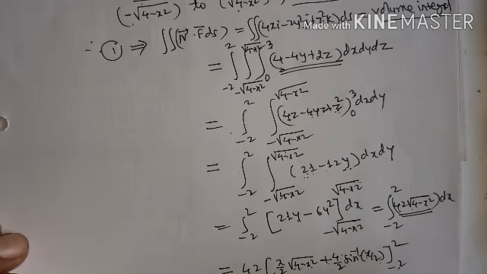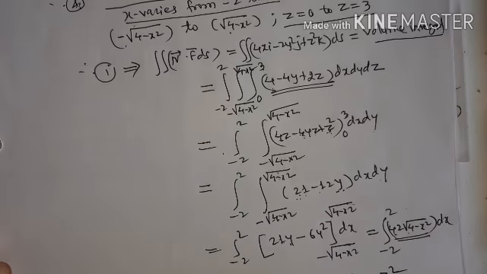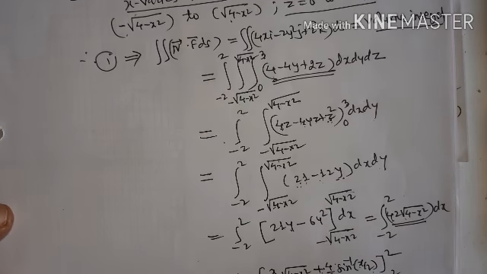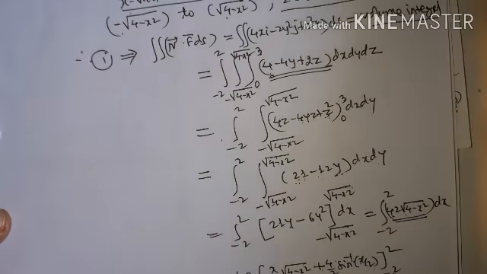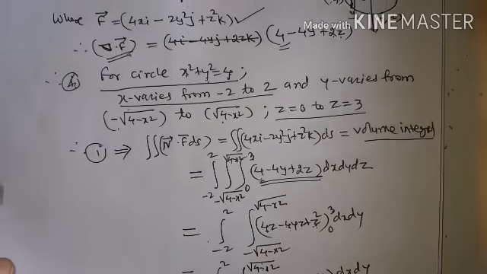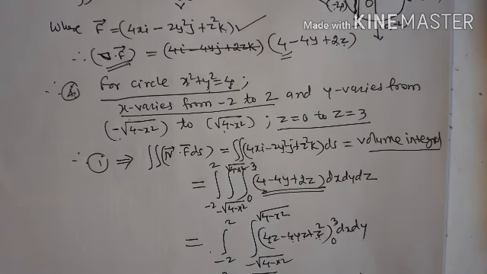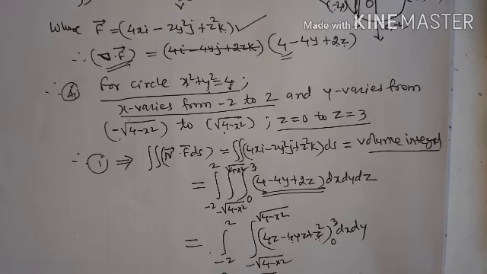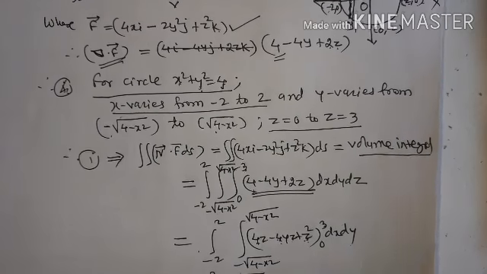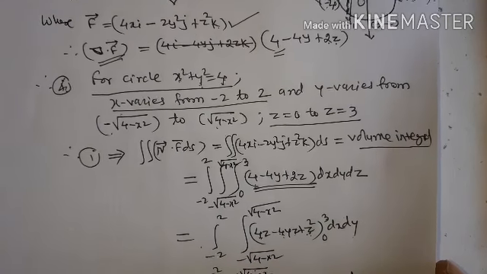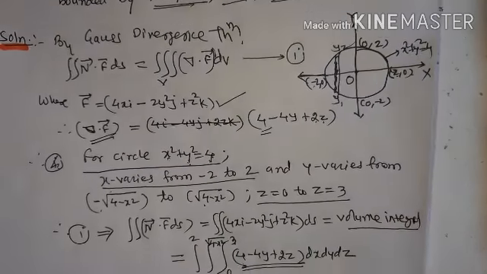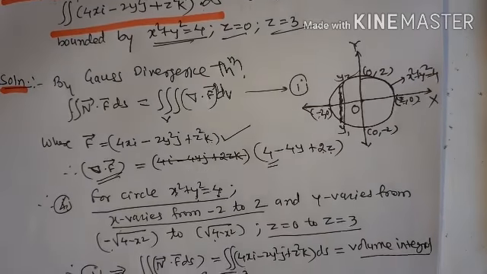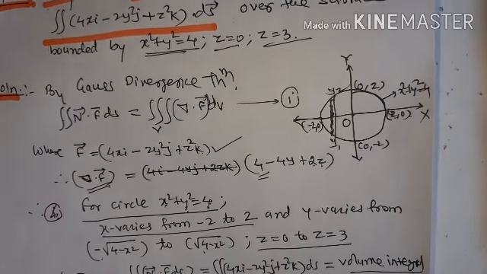So this is the evaluation of the surface integral with the help of the Gauss divergence theorem. Now we have seen these 2-3 examples based on the Gauss divergence theorem in this lecture. Further examples, how to use this Gauss divergence theorem as well as how to verify it, we will see in the next lecture, because that example is somewhat lengthy. So that we will complete in the next lecture.